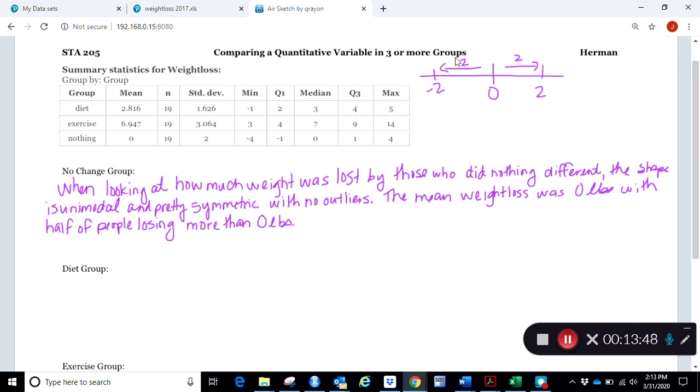So then we could say the typical person here fell between gaining 2 pounds and losing 2 pounds.